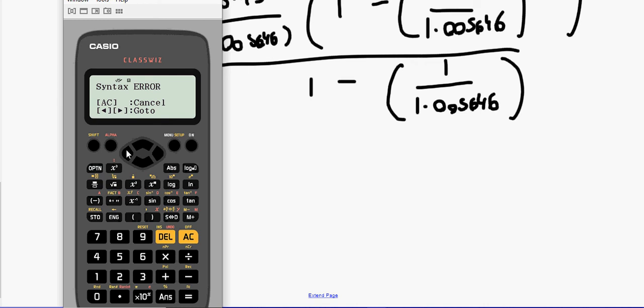Now I've made a syntax error somewhere, so let's find out what happened. Oh, I never finished off the top. I have to do it to the power of 24, and close the bracket. 6,613.50.